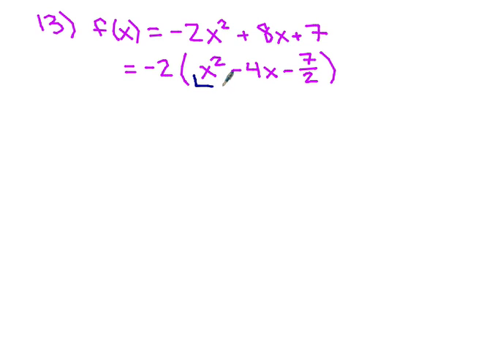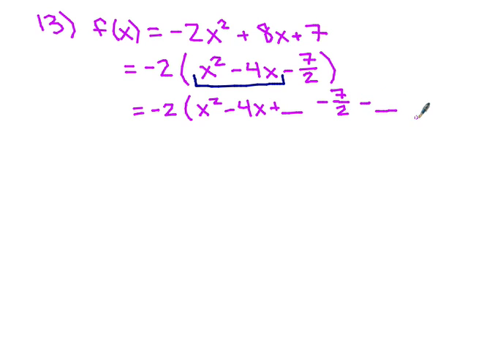and now I have something inside that I can work with completing the square. So I'm going to again look at my ax squared piece plus b, and we're going to keep that -2 out front. So -2. This will be an x squared minus 4x plus something minus that 7/2. And because we have to disguise this as a 0, we'll also subtract that same value.